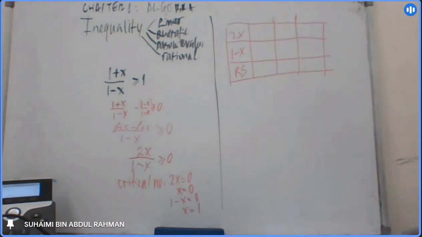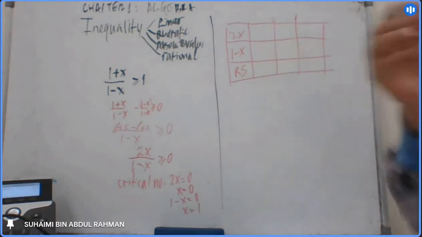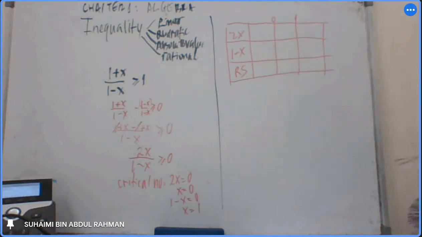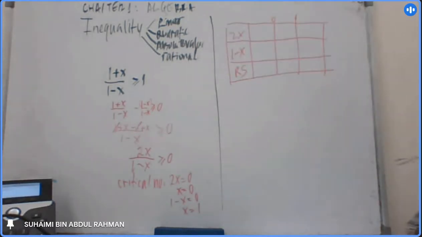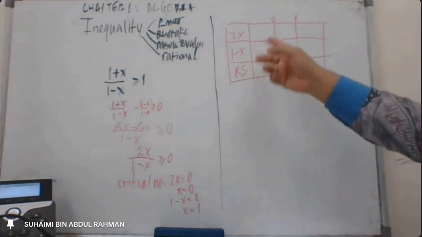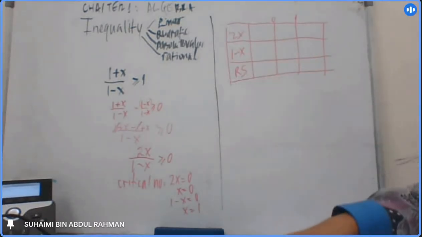Take one value which is less than 0, left of 0, meaning less than 0. Say -1. Substitute. What do you have?